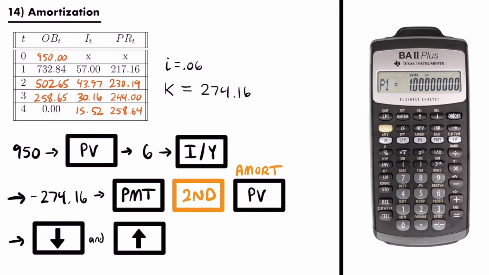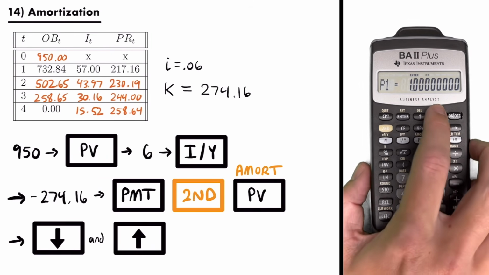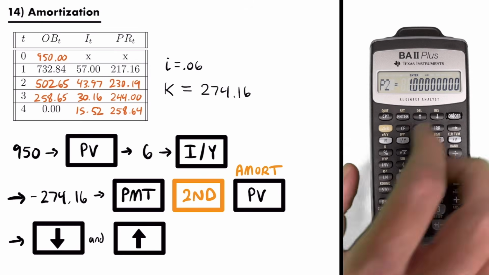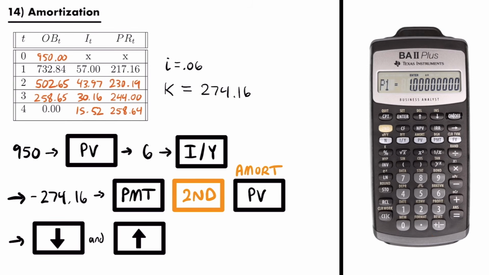And now we get this menu where it says P1 equals 1. Now, if you hit the down arrow, it'll say P2 equals 1. What P1 and P2 mean are the beginning period and the end period. So now in this case, since both values are 1, right, P1 is 1 and P2 is 1, that means that we're just looking at the first year for our amortization schedule.